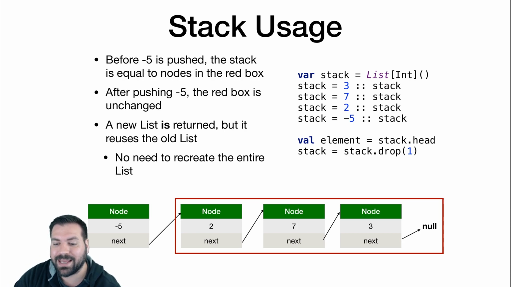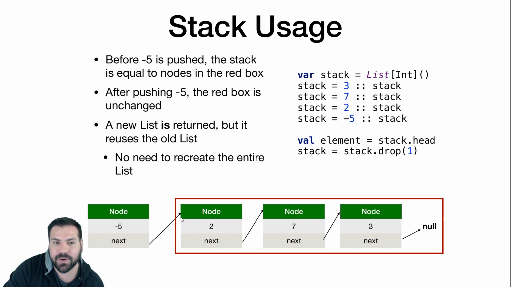When we prepend to a linked list, what we are doing is creating a brand new linked list node and having it refer to the head of that list. So we did create a new linked list node, and now stack refers to this node. But everything we had in the old list is identical to what it was before we prepended -5.